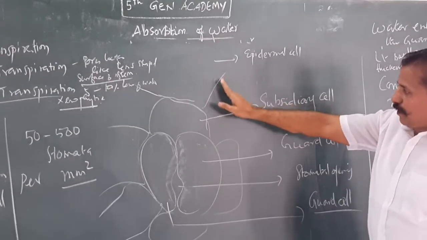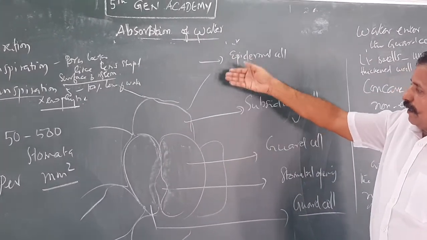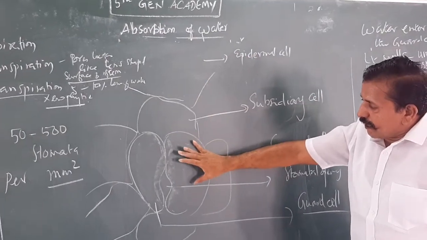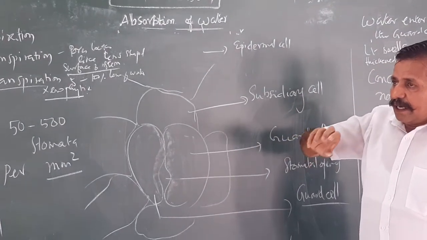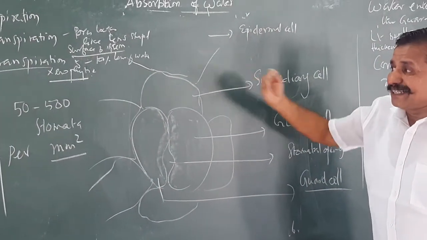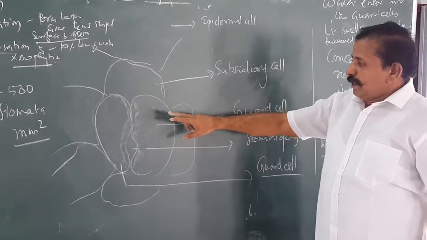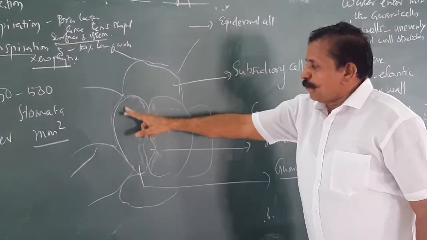Outside there is the epidermal cell, as usual in a leaf. At the stomatal pore we can see a lot of difference between the other cells and the stomata. A stoma is mainly made up of guard cells.